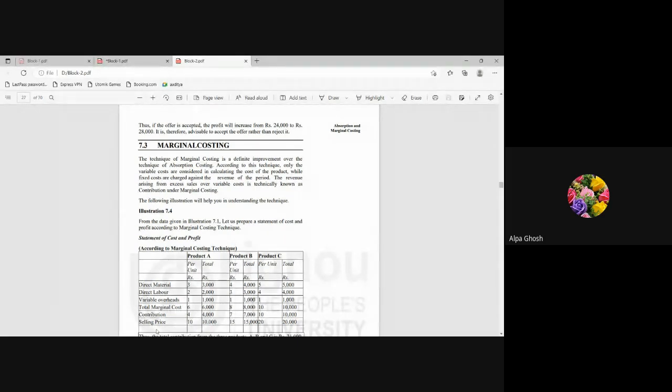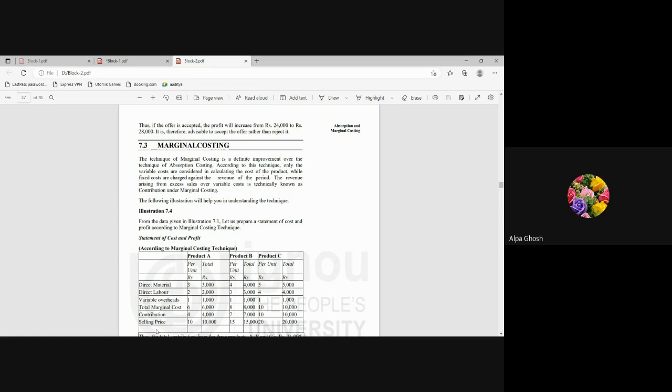In marginal costing, we take into account only the variable cost. In this technique, only the variable costs are taken into account while calculating the cost of the product. The fixed costs are charged against the revenue of the period. Revenue comes from sales.